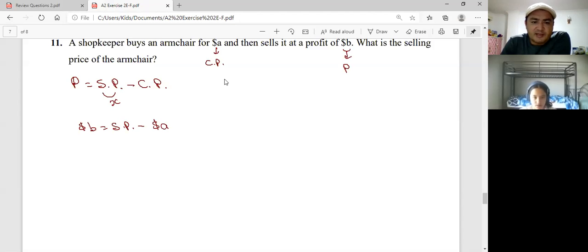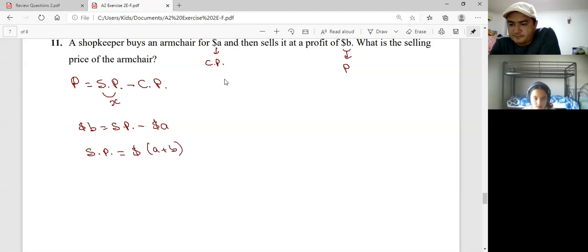Now from here, we need to find SP. Just take B to the left-hand side, and it becomes plus. That is A plus B dollars. That is the actual selling price, because you buy for B dollars, add some amount, that's your profit, and sell it to somebody else.